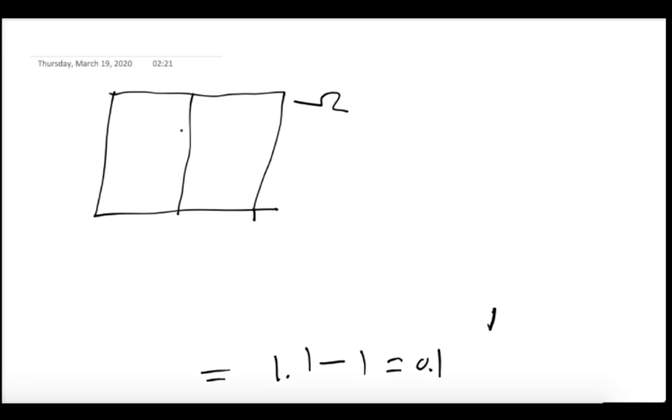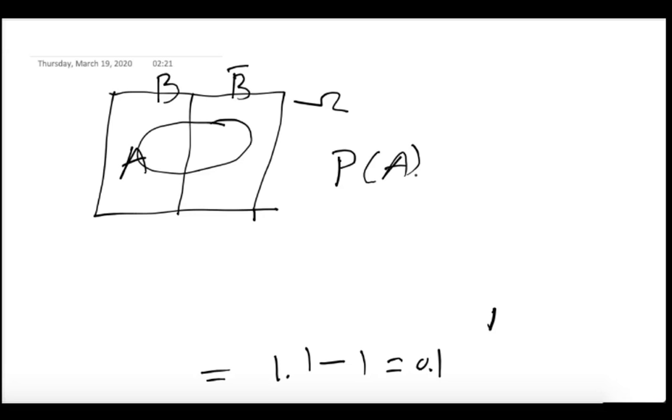And this is B. And this is B bar. Okay. And this is your A, the event that you consider. And you want to find the probability of A. So you know that this is in fact A over the whole sample space, omega.